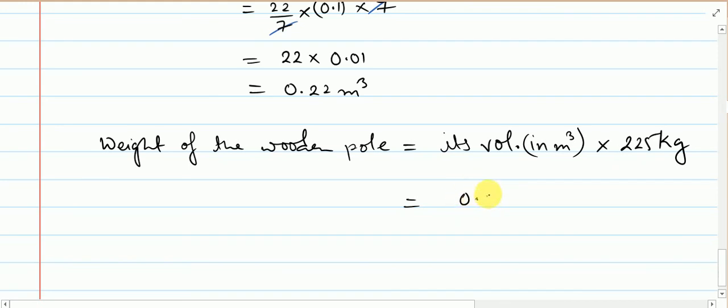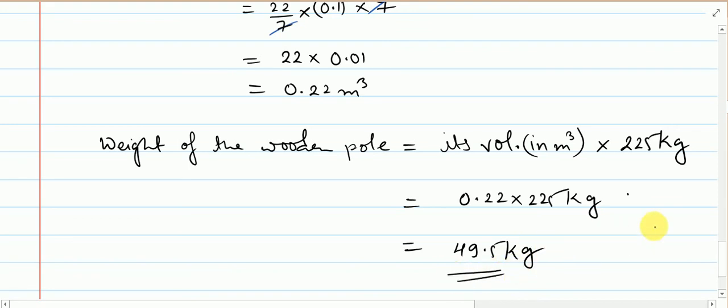So 0.22 into 225 kg. Multiply, and at the end you will get 49.5 kg.